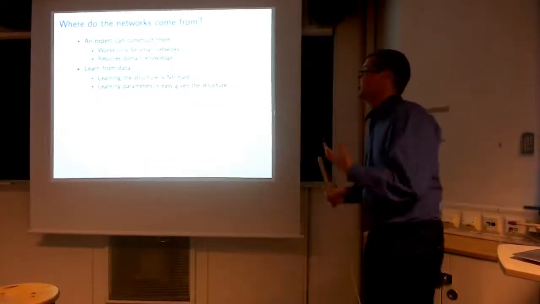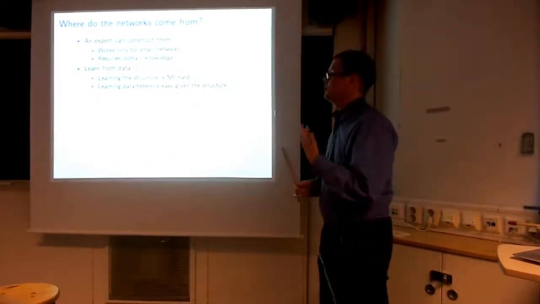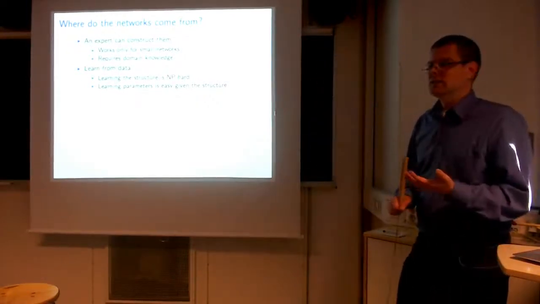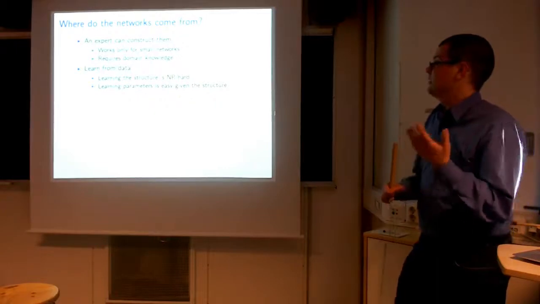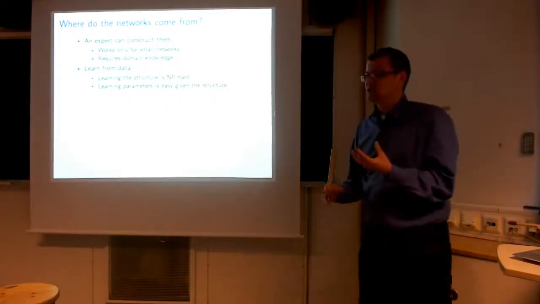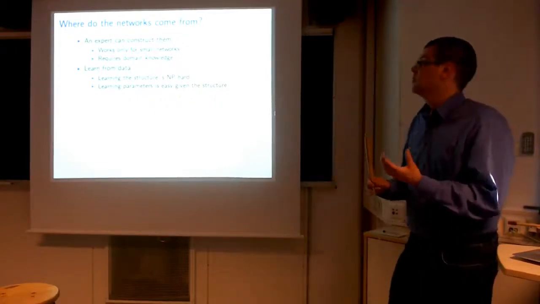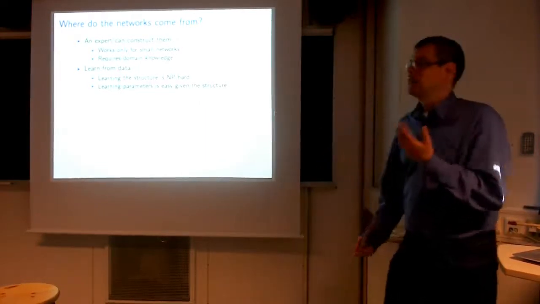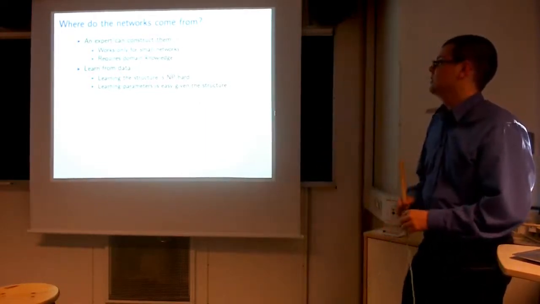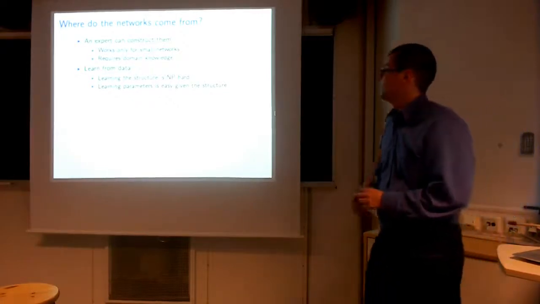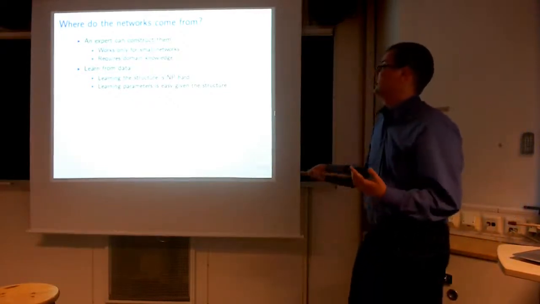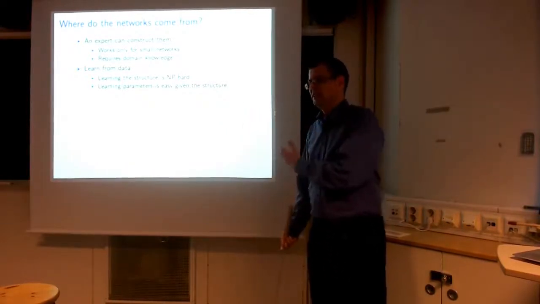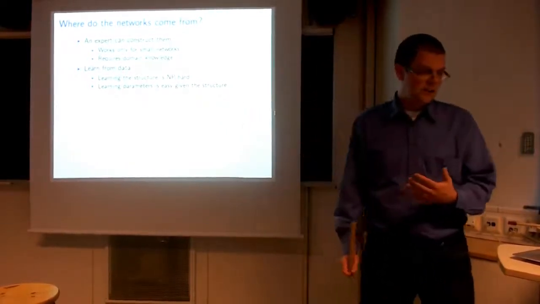So with this representation, the question is: where do these networks come from? One way would be that we have an expert who constructs the network. But this requires domain knowledge, and it really only works if the network is small. So the machine learning approaches then learn it from the data.